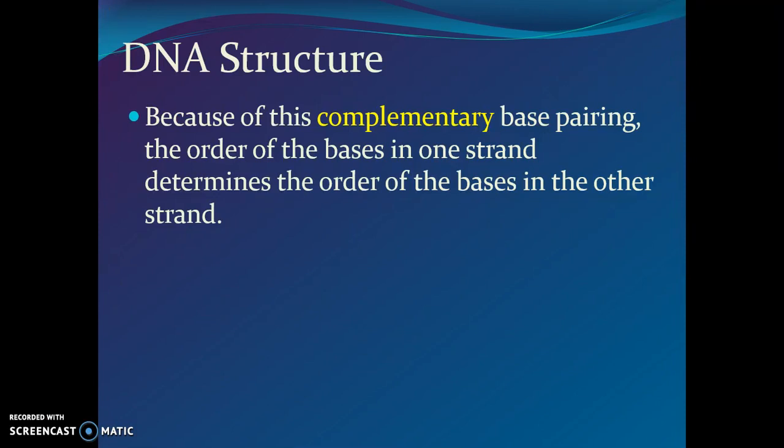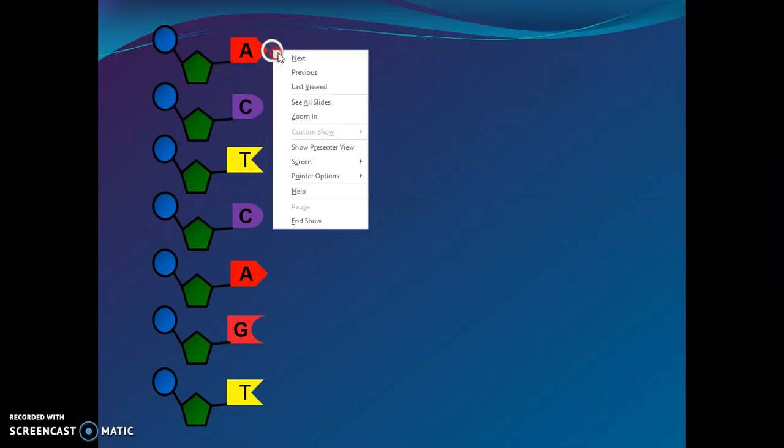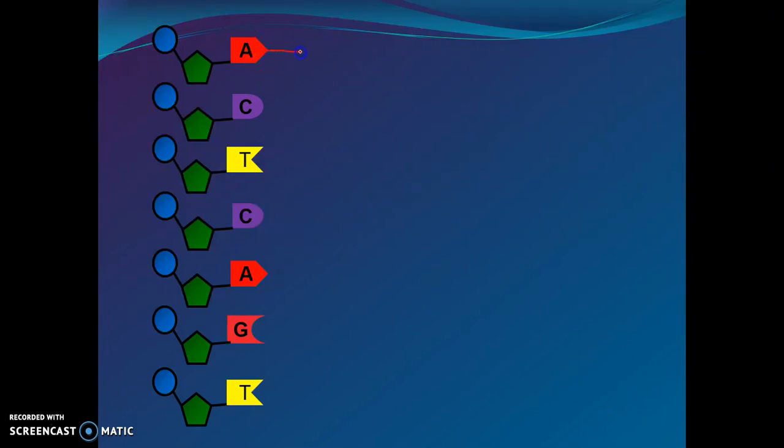Now, because of this complementary base pairing, the order of the bases in one strand determines the order of bases in the other strand. So what does that mean? Let's have a look at this. If the first strand has adenine, then in the complementary strand, the other base is going to be thymine, and cytosine is going to be with guanine.